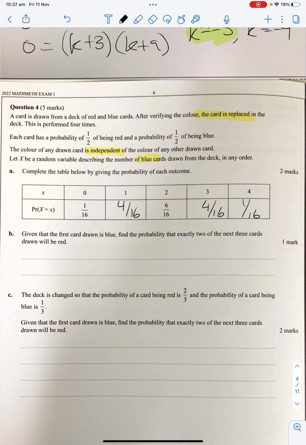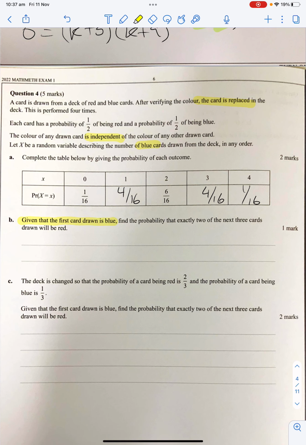Given that the first card is blue, find the probability of exactly 2 of the next 3 cards will be red. This is interesting because the cards are being replaced. So it actually doesn't matter that the first card is blue. The card got replaced. So this is the same as just pretending that we're drawing 3 cards. So we're doing exactly 2 will be red.